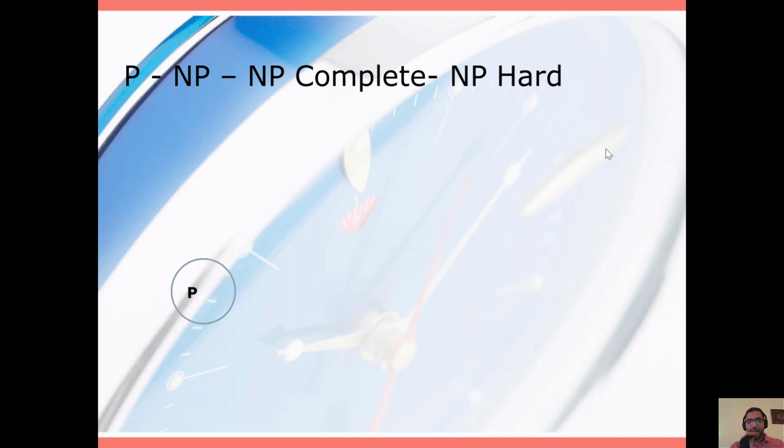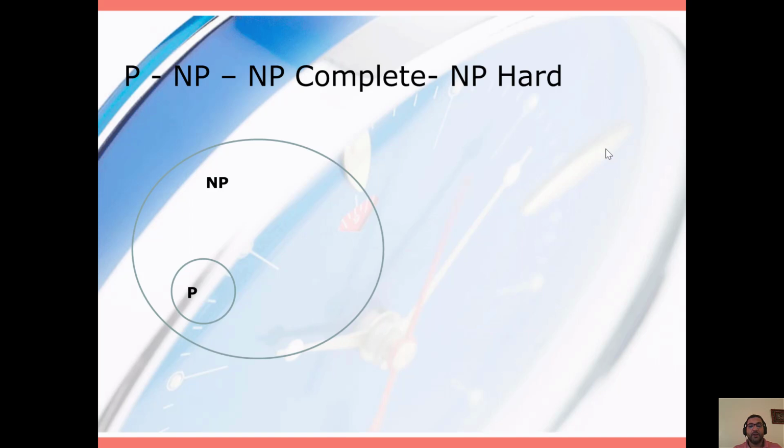Basically, the P problem is a problem that can be solved in polynomial time, and then there is a bigger set which is the NP problem, which is a problem that cannot be solved in polynomial time for now, but can be verified in polynomial time. So basically, P is a subset of NP, because P can be verified in polynomial time and can be solved in polynomial time as well.